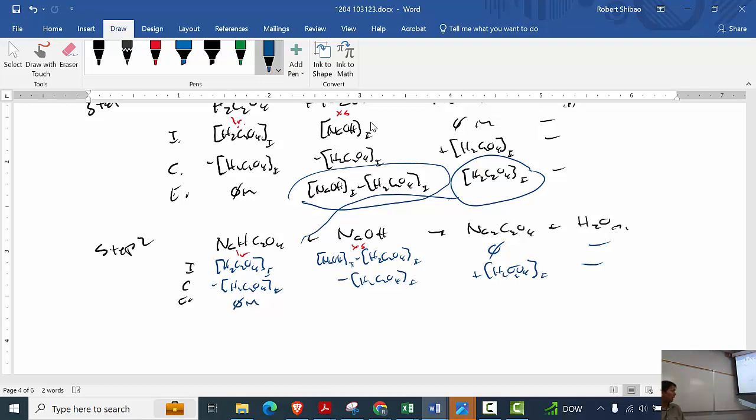Over here, I'm going to subtract. Actually, these two are the same. So I'm going to combine those and call this sodium hydroxide initial minus 2 times the initial reaction mixture concentration of oxalic acid here. And I'll end up with that there.